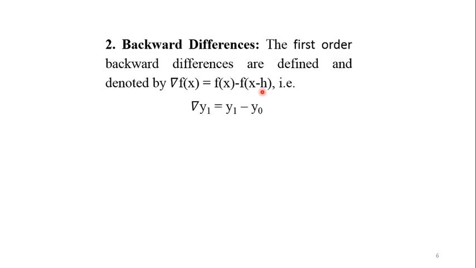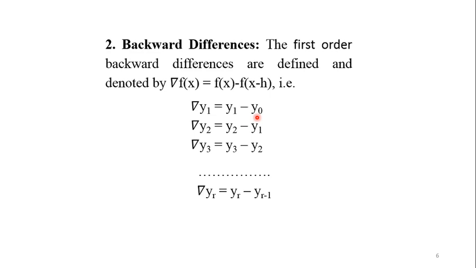That is, in terms of y0, y1, y2, y3, lambda y1 equal to y1 minus y0. Then the first backward difference for the next entry, then for y3, and so on. For yr we define the backward difference as yr minus y of r minus 1.